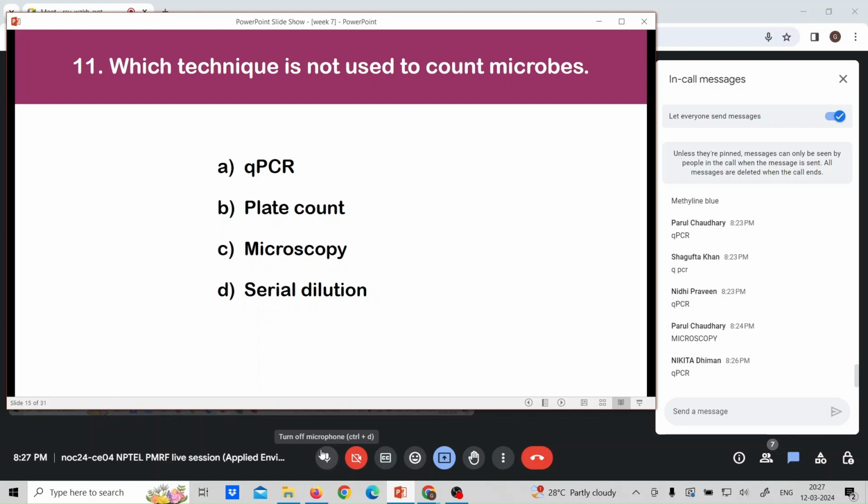We have seen about CFU, PFU in case of viruses, all of that. What is a qPCR? Quantitative PCR.